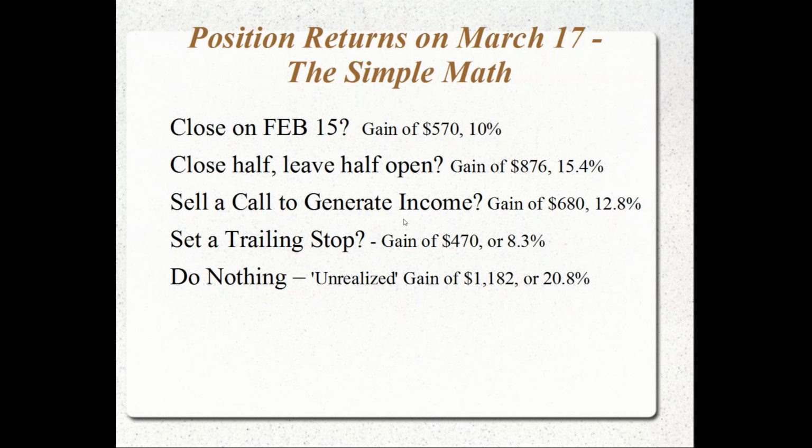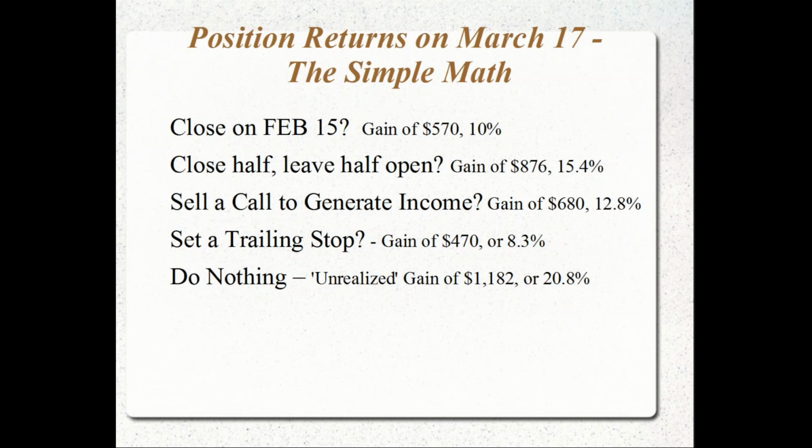So the simple math. The position returns. If we would have closed on February 15th, you had a gain of 570 or 10%. If you would have closed half, left half open, March 17th, we have a gain of 876, 15.4%. For those of you who sold a call, you lowered your cost basis on the position by 360.